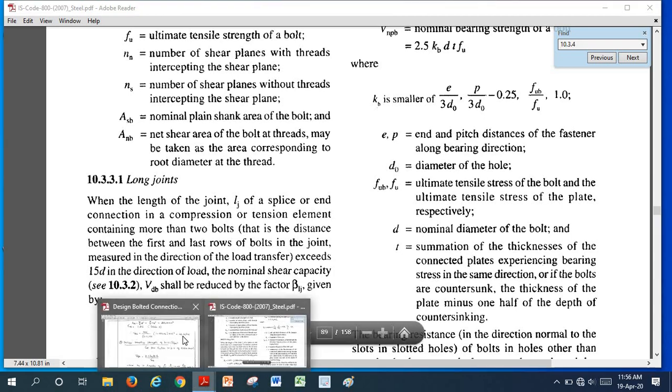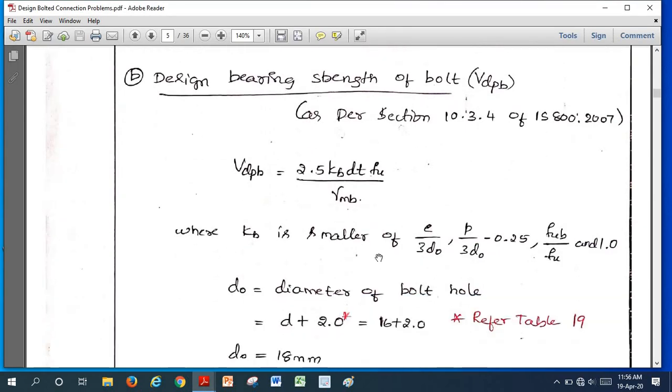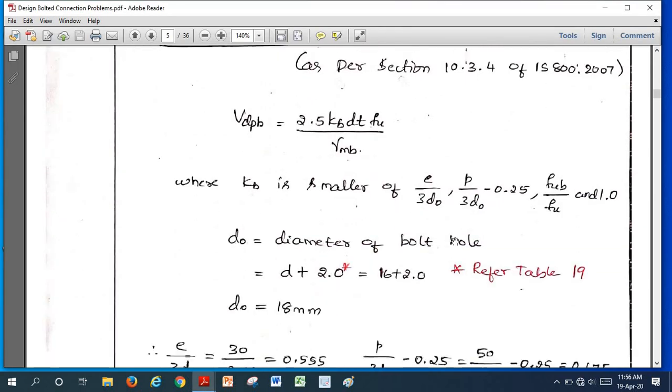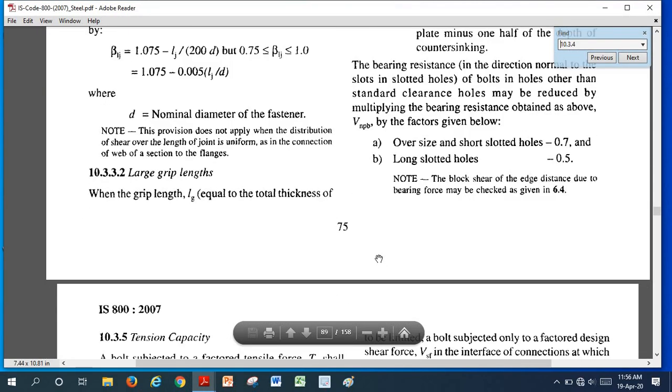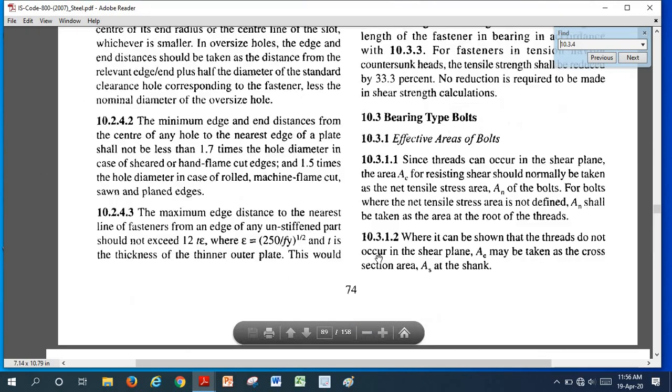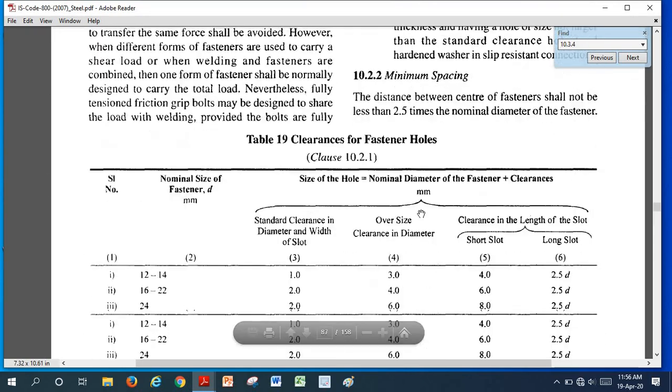So to calculate kb, where d0 is the diameter of the bolt hole, d0 would be equal to what? d plus the clearance, which we should take from table number 19 of IS 800-2007. Here you get the information about the clearance.